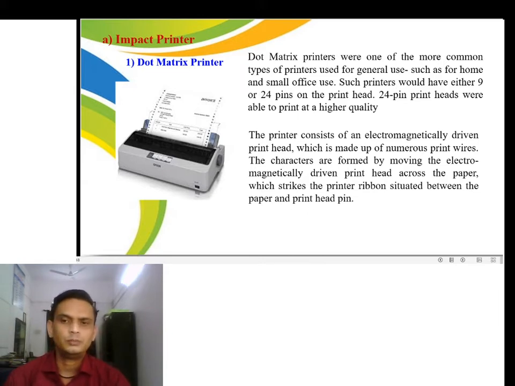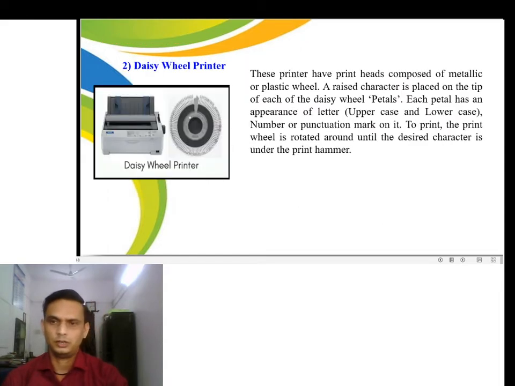For example, when we purchase something, we take a bill, and normally billing or receipts are made by the dot matrix printer only.